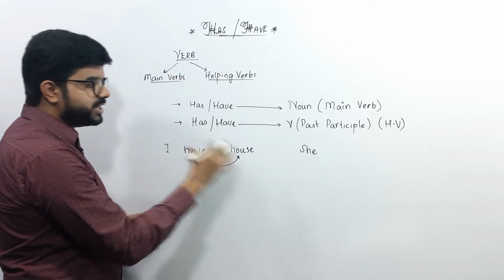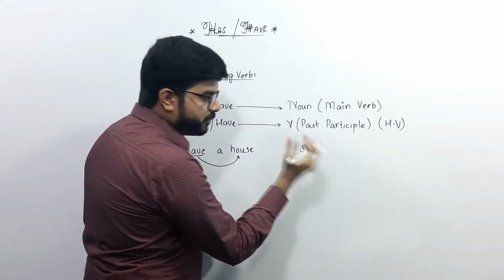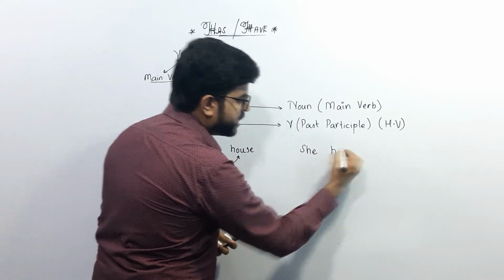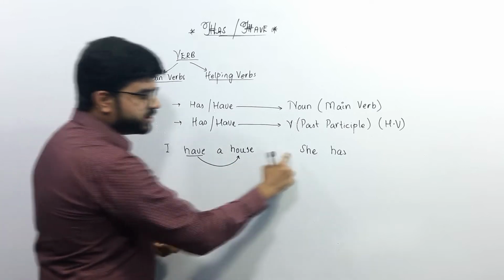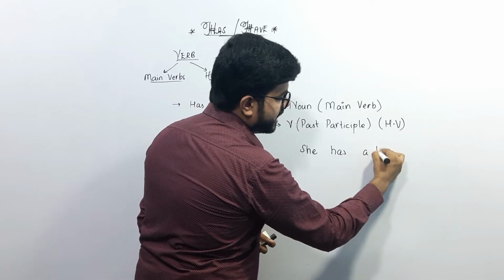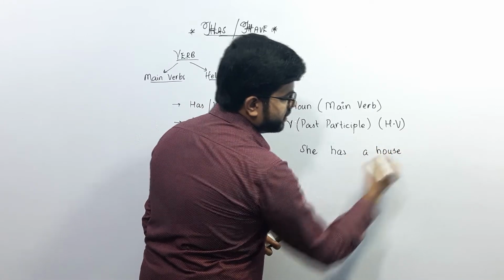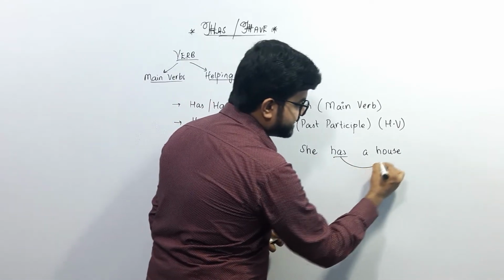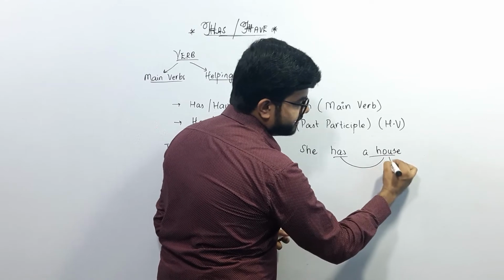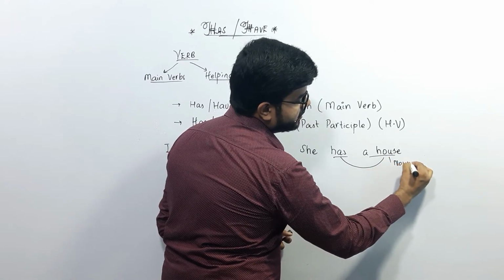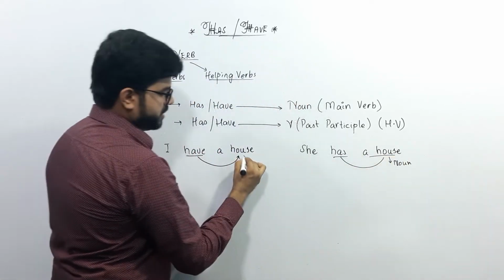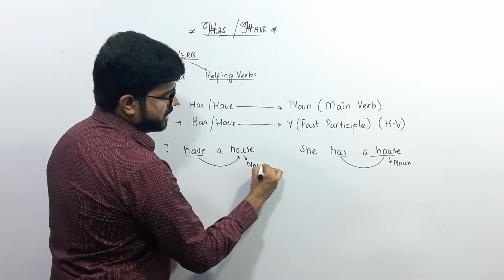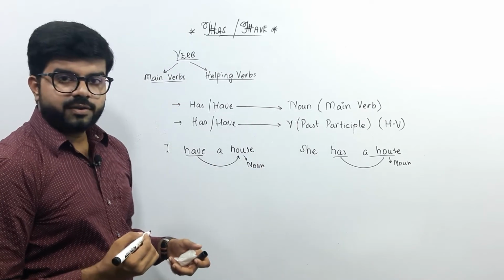As you know that she has, I'm gonna use has with she. This is why, right? I have a house. She has a house, right? So you can see over here as well that after has there is a noun. It is also a noun, right?